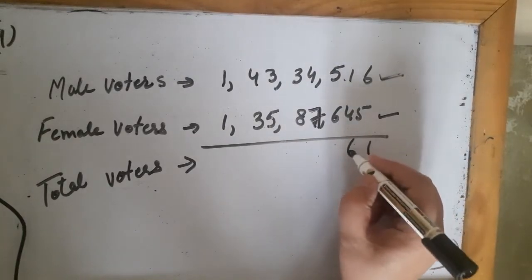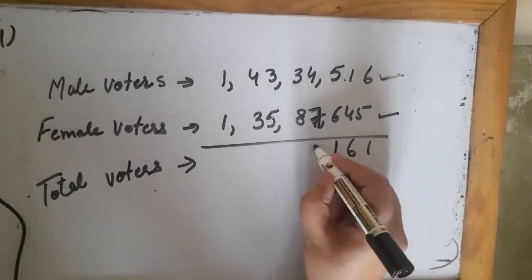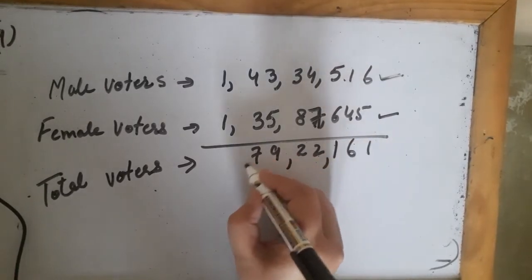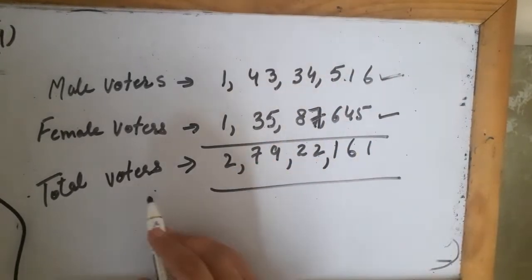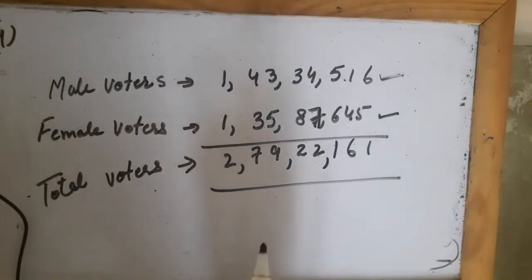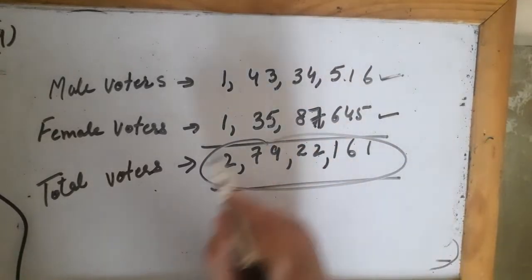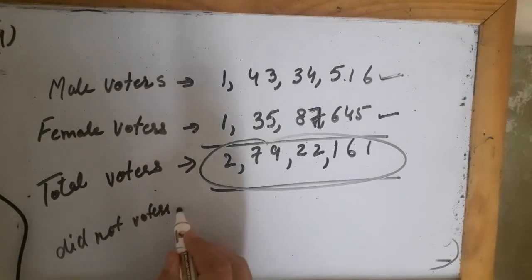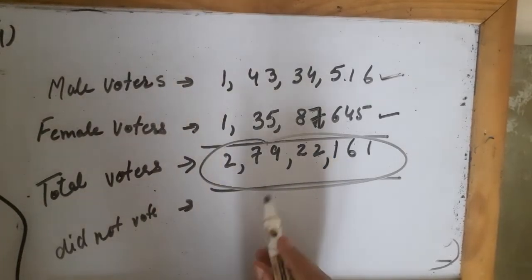So in order to find the total number of voters, I have to add them. So it means total voters were this. So this is my first step. But if these were the total voters, some voters did not vote. So how many voters did not vote?